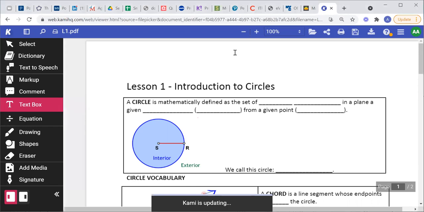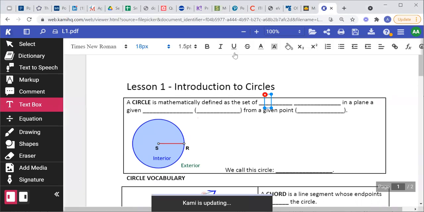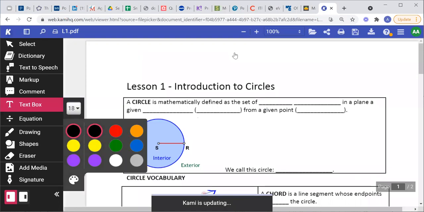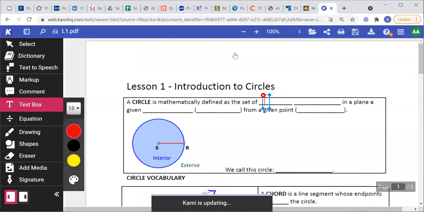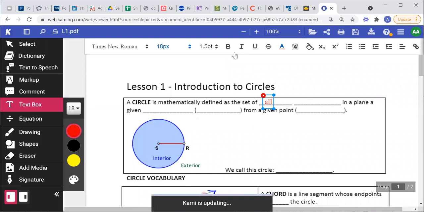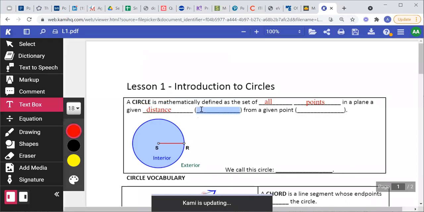What do I mean by that? I'm going to show you as soon as possible. Let me click on this. That given distance is what we call the radius.